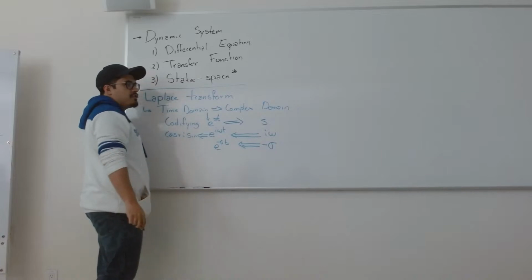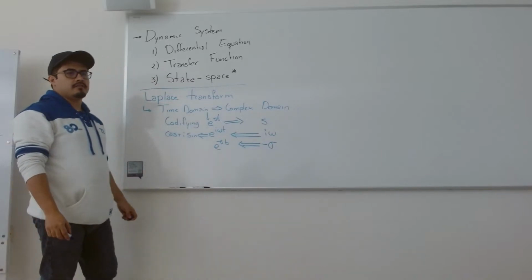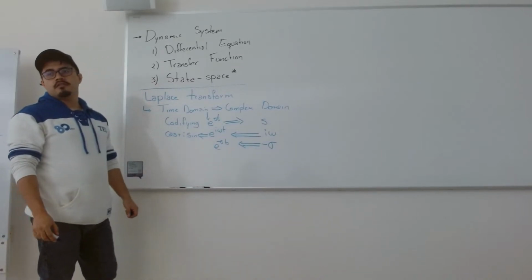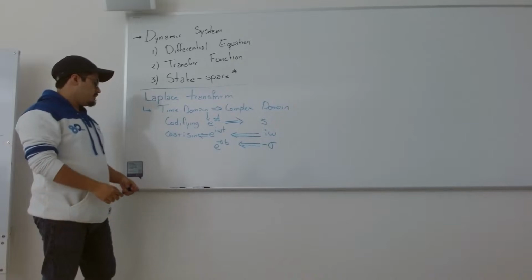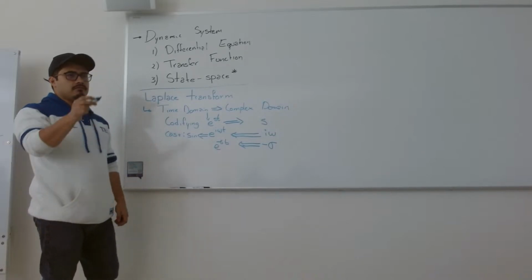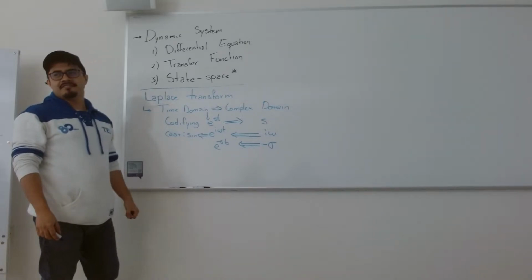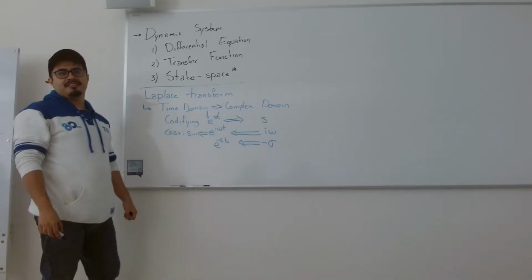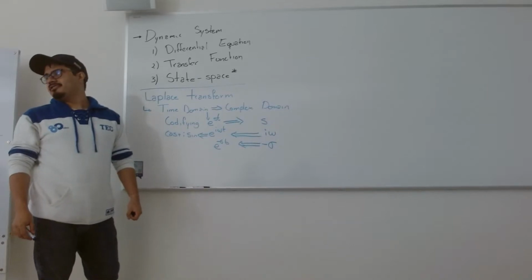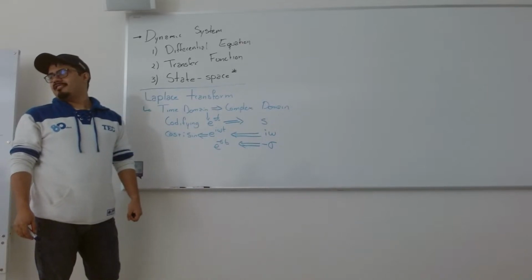What is the shape of this function? I need you to use control lingo. Jargon.